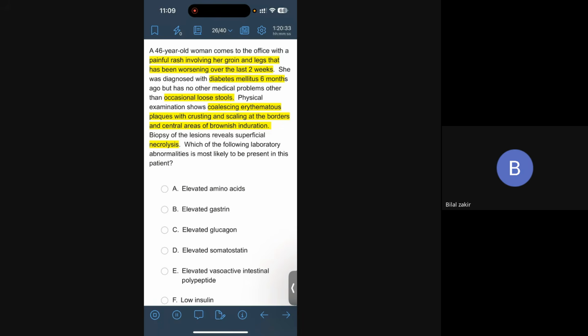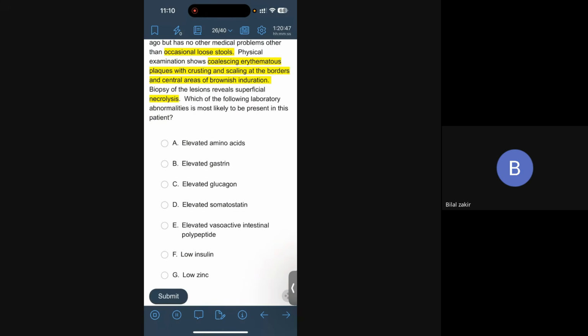Do you know in which of these diseases you can find a rash, diabetes mellitus, and diarrhea? Out of all these options, which option can explain all these three findings?